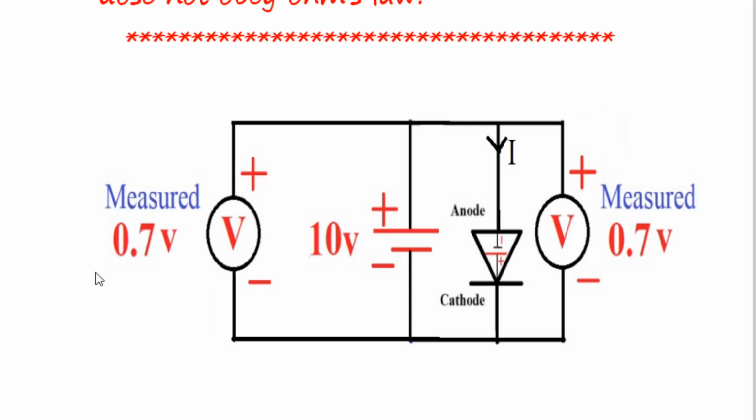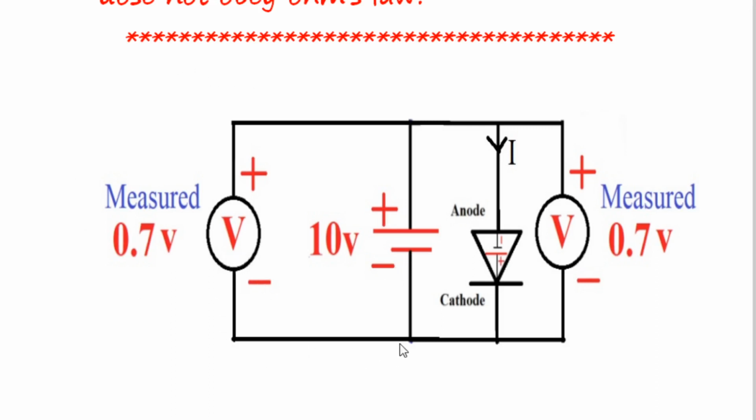Now look at the left hand side. This is very funny, like magic. The battery is 10 volt, and the positive of the battery is connected to the positive of the voltmeter on the left hand side, and the negative of the battery is connected to the negative of the voltmeter.